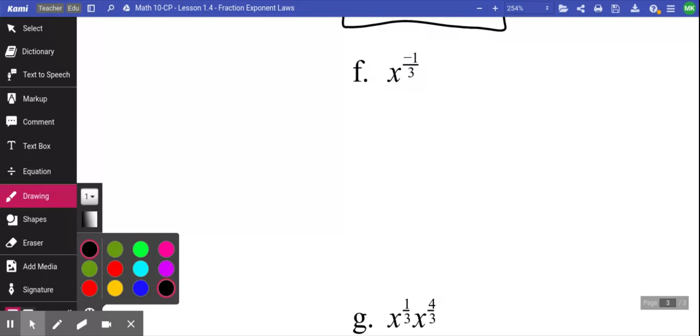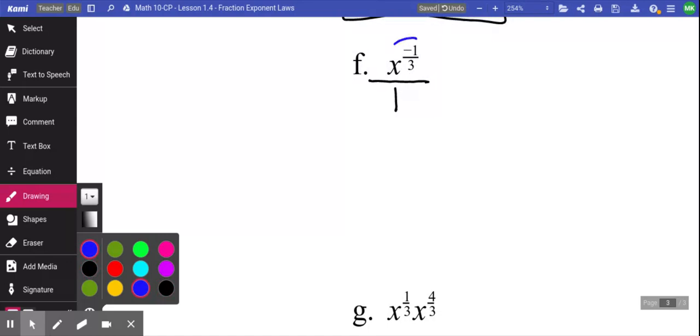Because it's a negative exponent, I have to make this a divide by 1 question, and I take the entire power and I move it under here. On the top, there's nothing left, so I put a 1 on top, so it's still a fraction. On the bottom, I now have x to the 1 over 3, like that.